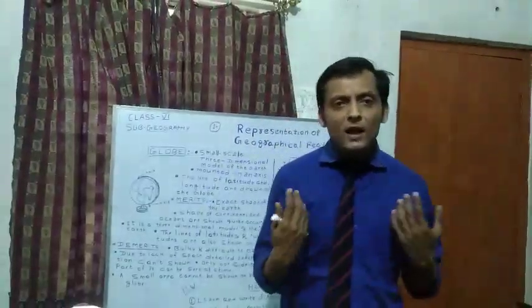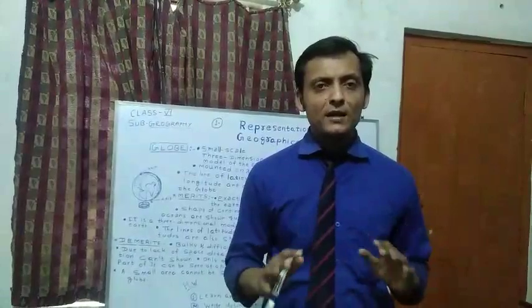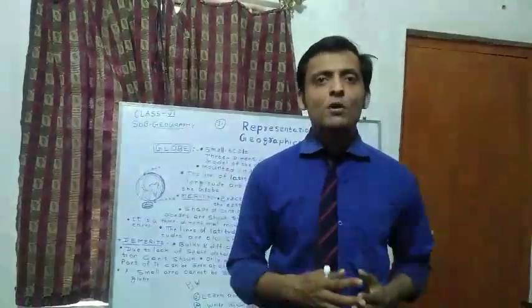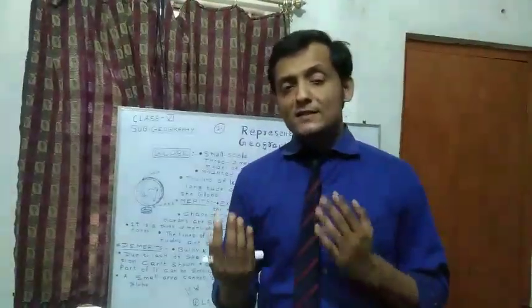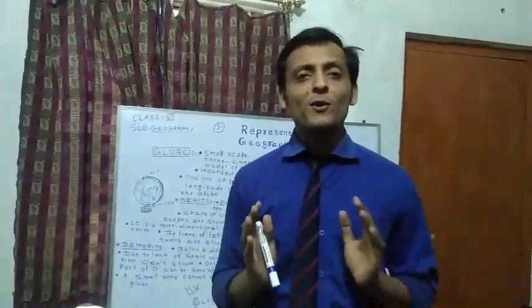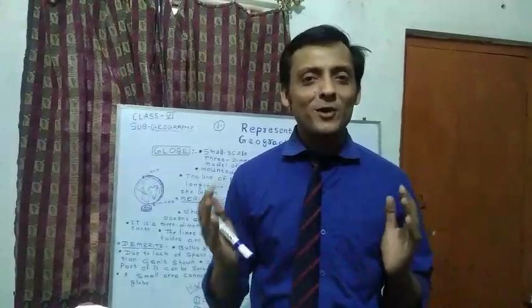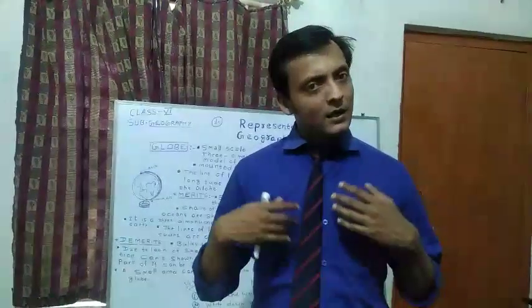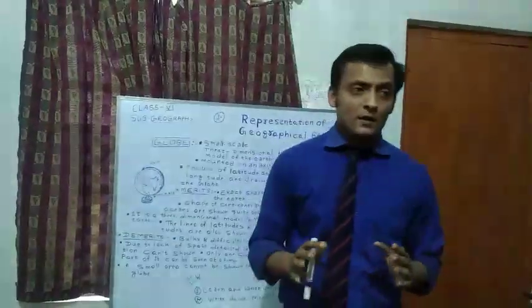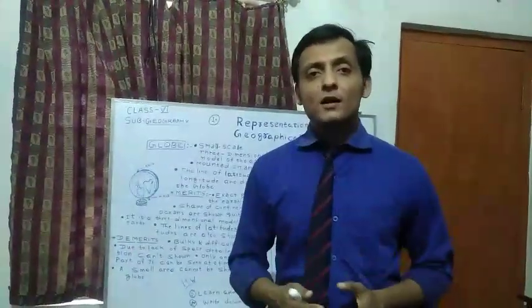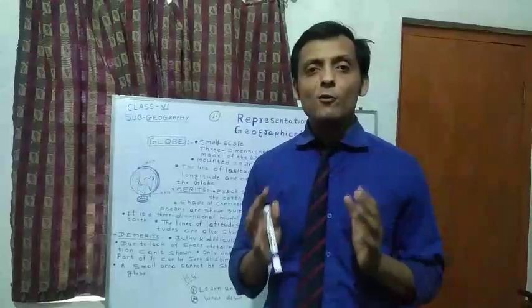So what is another way by which we can observe the whole Earth's surface at the same time? Your answer would be very simple: by making a model of the Earth. When we make a model of the Earth, we can observe it all at the same time. A model of the Earth is called a globe.